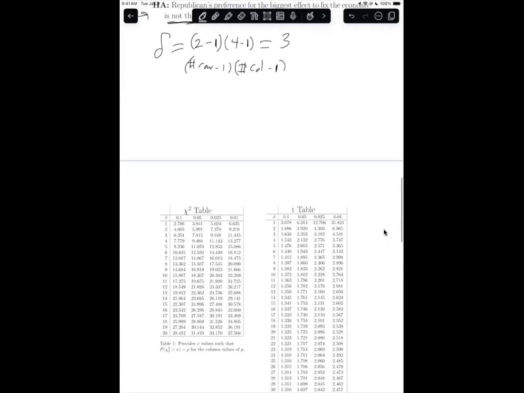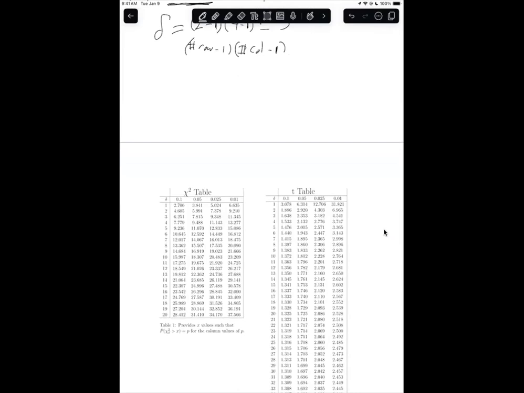So then we come down, and for homogeneity, the null distribution is a chi-square. And so we know we're going to use the chi-square table because the null distribution is chi-square. We go to 3 degrees of freedom. Alpha is 0.05.